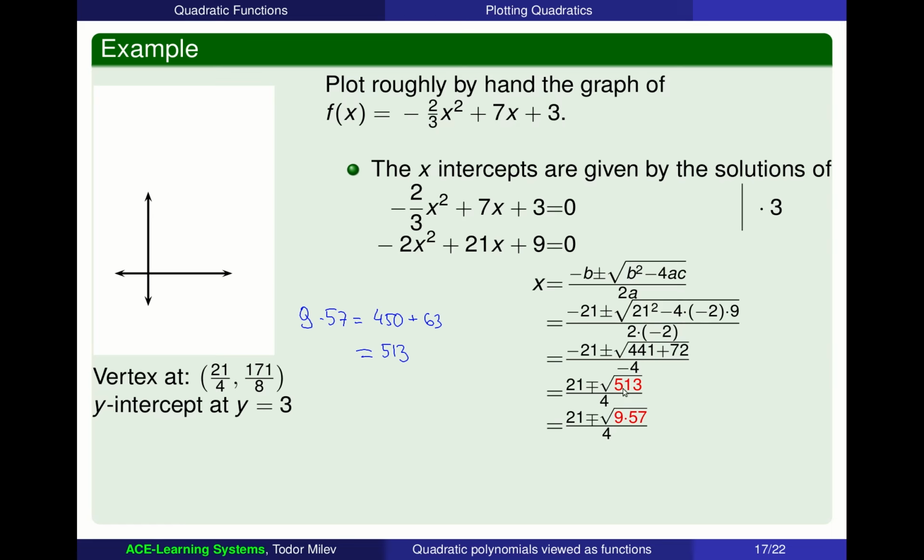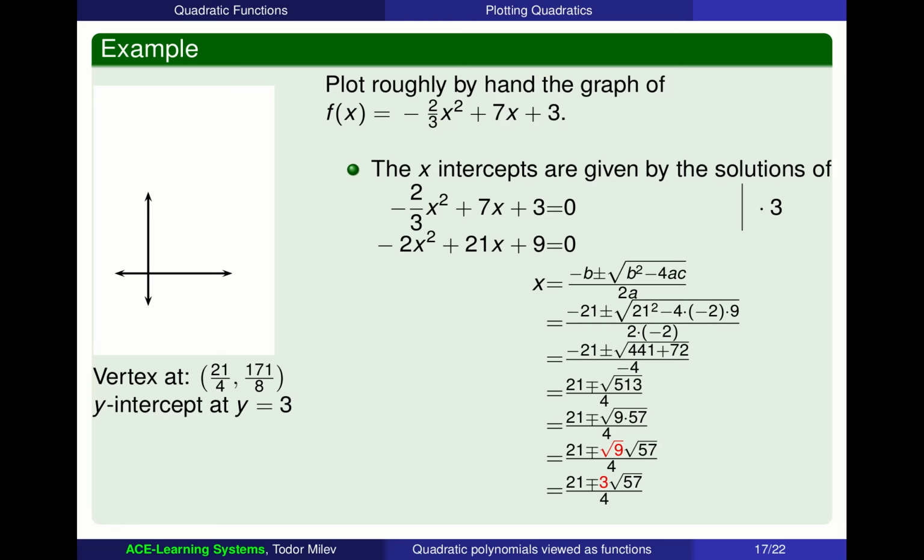If you remember, 513 was 171 times 3, and you can additionally factor 171 as 57 times 3. Why should we do such a factorization to begin with? Well, because we can split radical of 9 times 57 as radical of 9 times radical of 57. And now we can simplify radical of 9 to 3. So we get 21 minus plus 3 times radical of 57 divided by 4. And that's as simple as we can get.